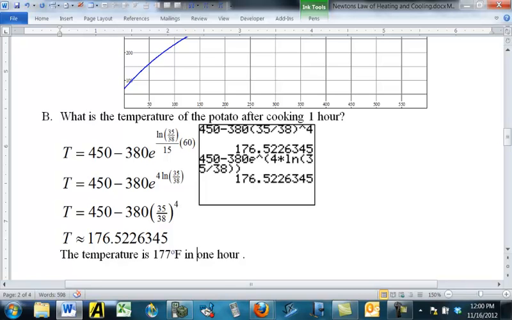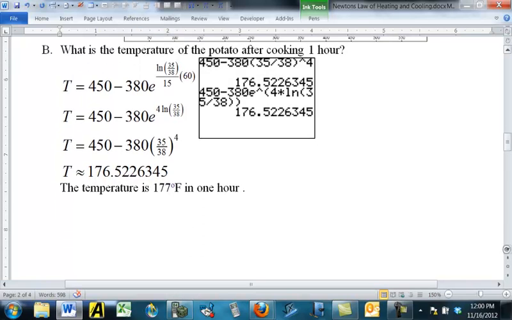So 60 over 15 is the 4. Type it in that way like I did the first one up here, and you get the same thing. So you can do that reduction using the properties of logarithms or not. It doesn't matter. You still get the same thing. You get 177 degrees in 1 hour.